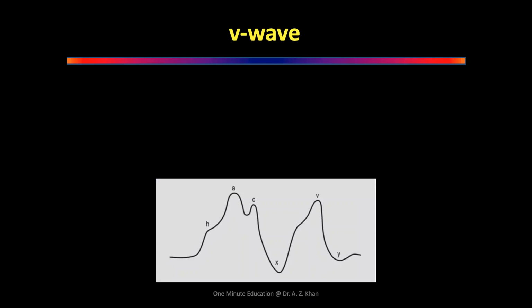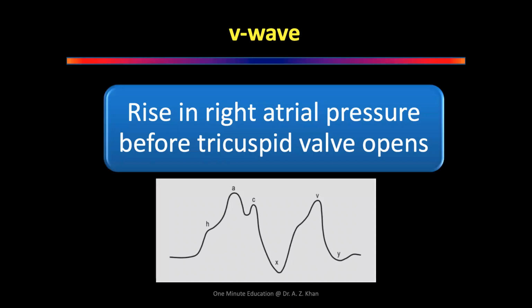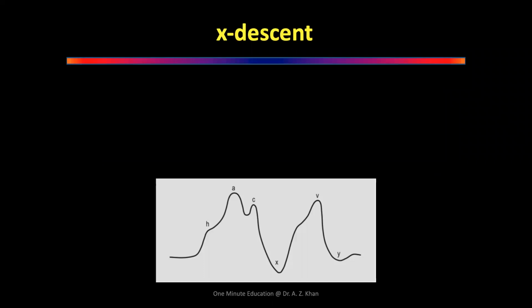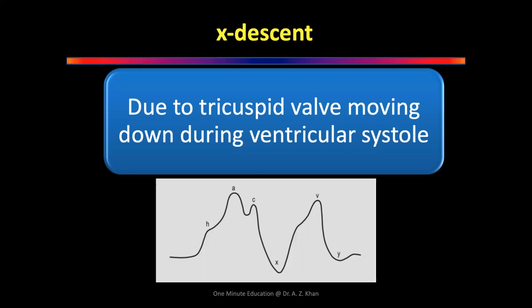The V wave that you're seeing is happening because there's a rise in the atrial pressure before the tricuspid valve opens. So the tricuspid valve is closed and your atrial pressure is suddenly rising, and that is the explanation for the V wave. The X descent of the jugular venous pressure is because of the tricuspid valve moving downwards during ventricular systole.